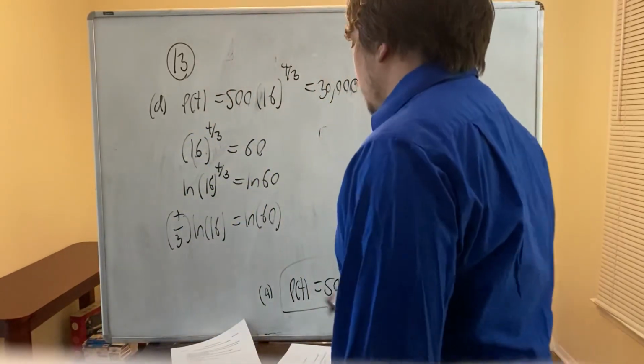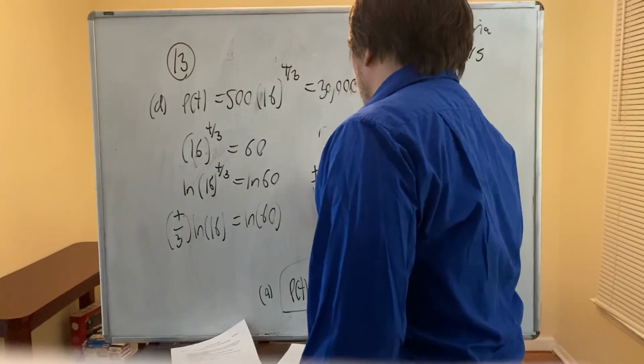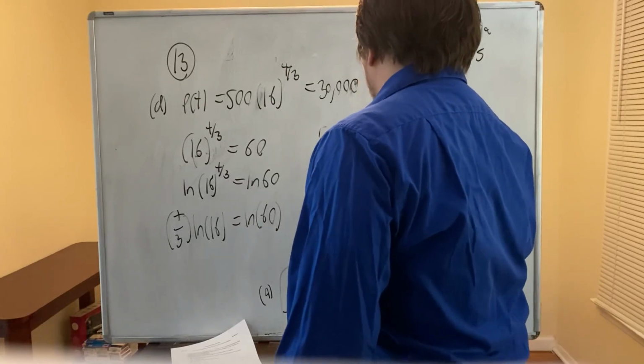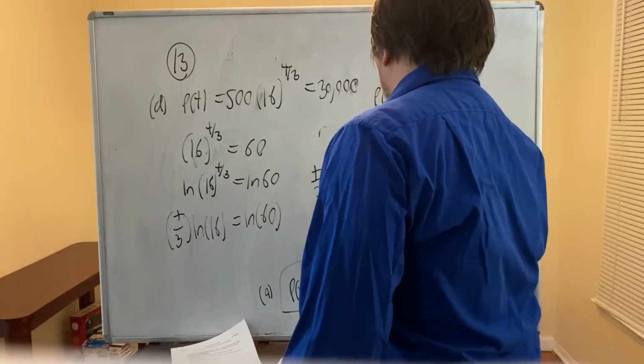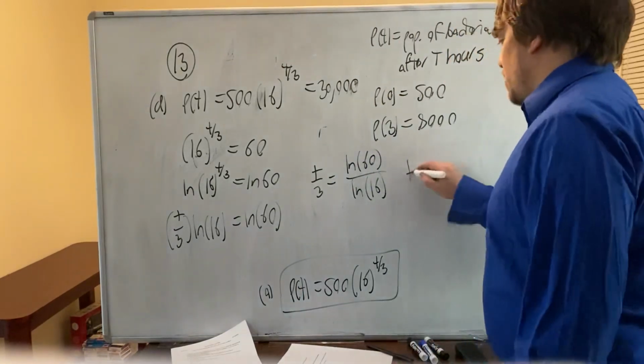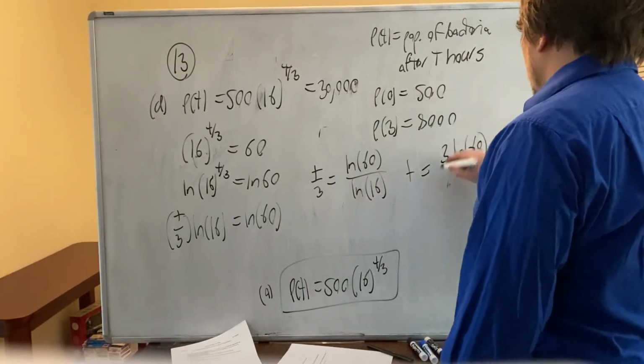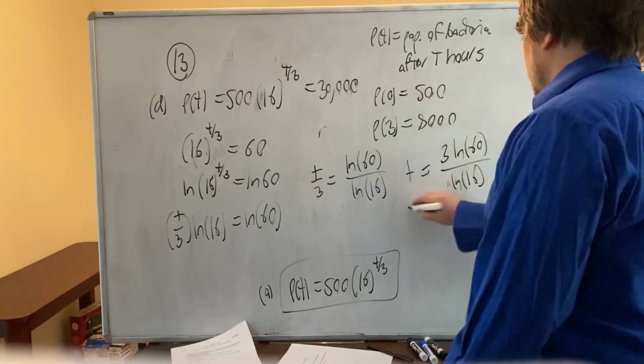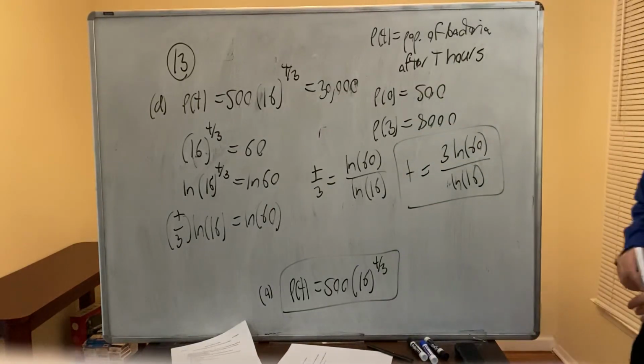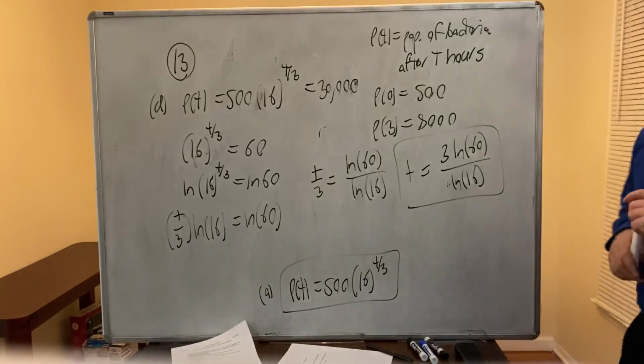And so now t over 3 is equal to ln of 60 over ln of 16. Multiply both sides by 3. You get t is equal to 3 ln of 60 over ln of 16. That's the final answer. So that's how many hours it will take for the bacteria to reach a population of 30,000.